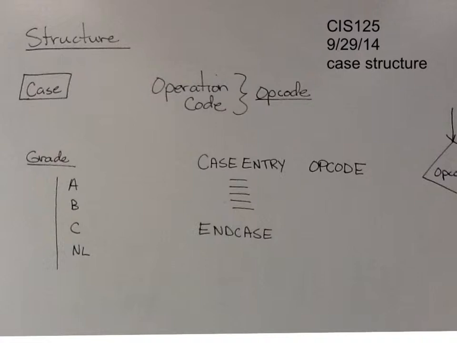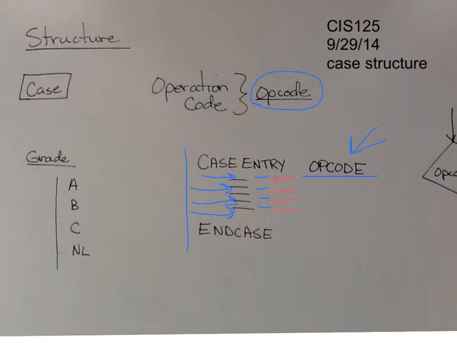The case structure has an operational code, often called an opcode, in which you're going to look at this code, and then based on that code it will perform an entry here in the case. So we have case entry, we've got the particular cases, and then within each of those we can have actual work that we do.